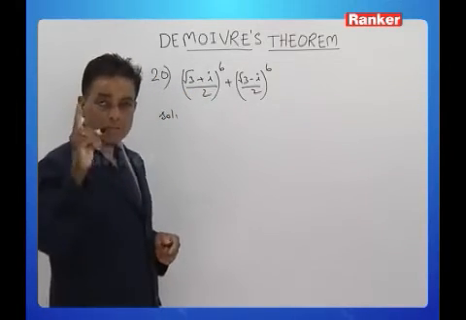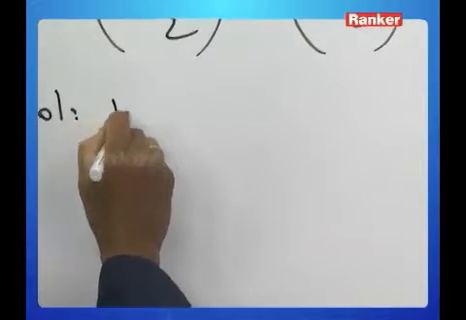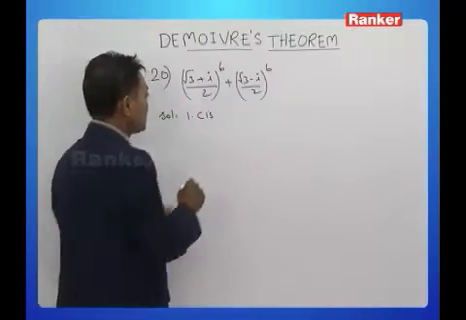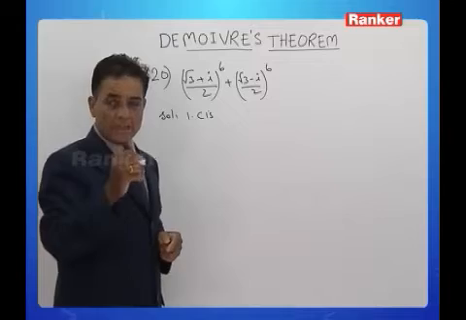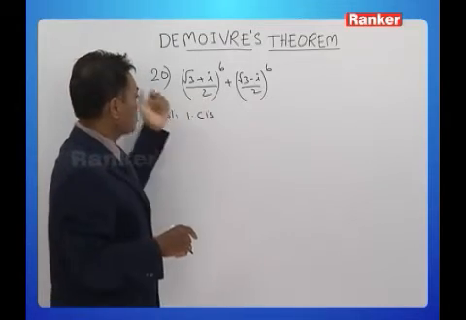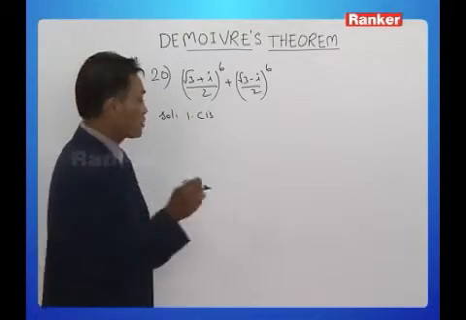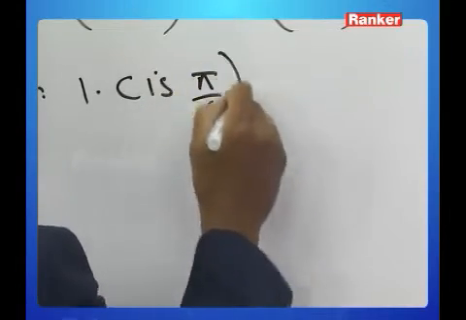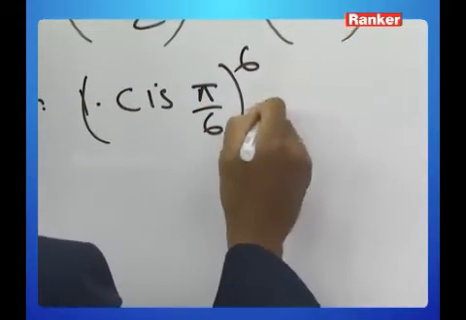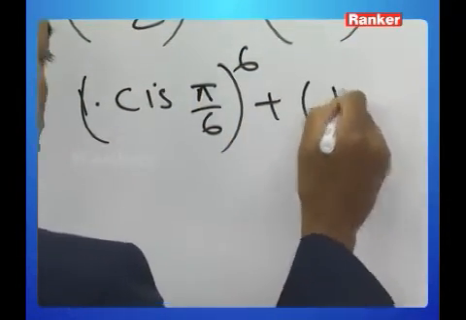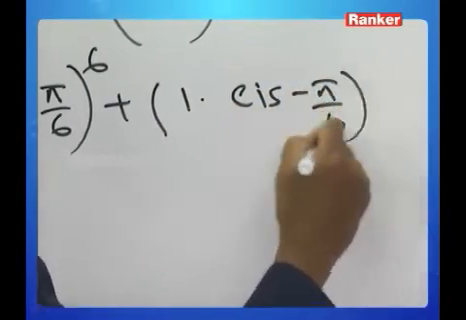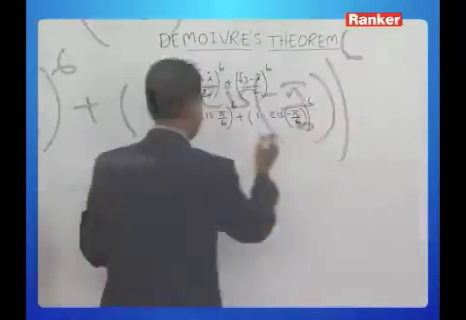So here modulus is 1 only, so no need to bother about this. Now, r cis theta, theta is tan inverse y by x, that is tan inverse of 1 by 2 divided by root 3 by 2, that is 1 by root 3. So I get cis pi by 6 power 6, plus again here 1 into cis minus pi by 6 whole power 6.